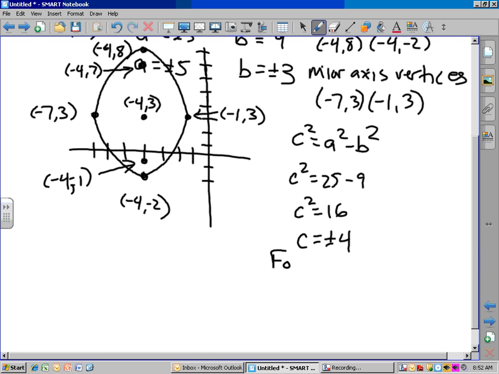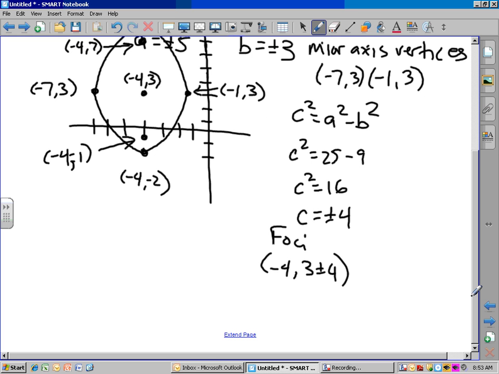So the foci, you want to do it this way, would be negative 4, 3 plus or minus 4. That's another way of writing it, because we're adding to the y, which gets us negative 4, 7, and negative 4, negative 1.